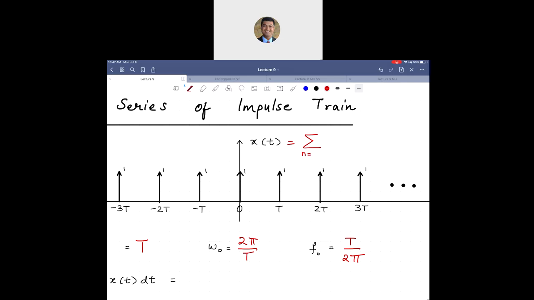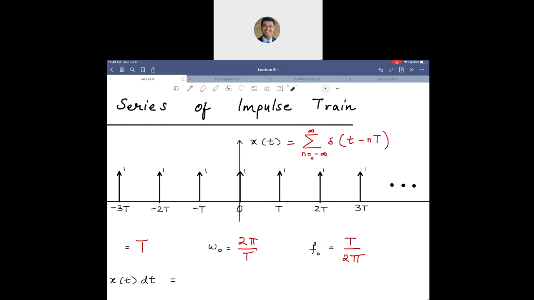I can scan n from negative infinity to infinity, where n is an integer, and write x of t as a summation of impulses present at t minus nT.